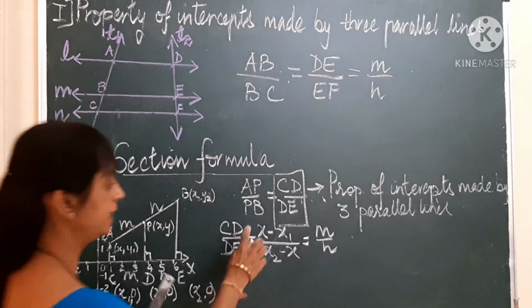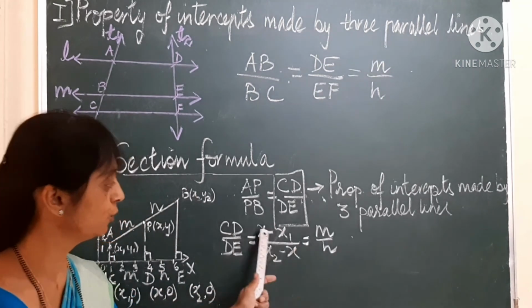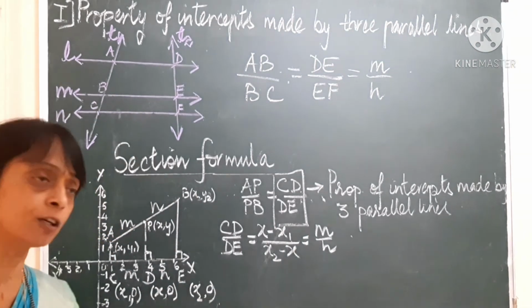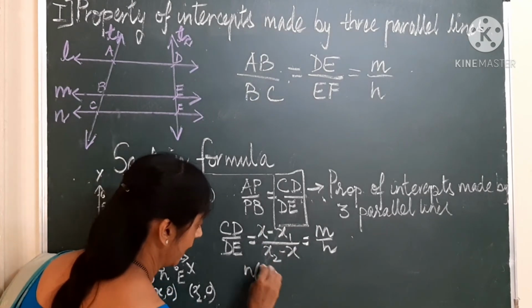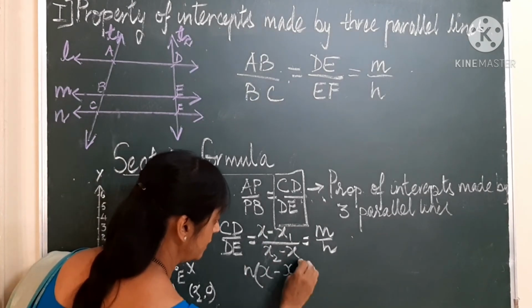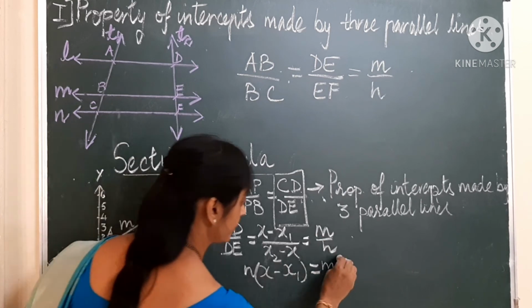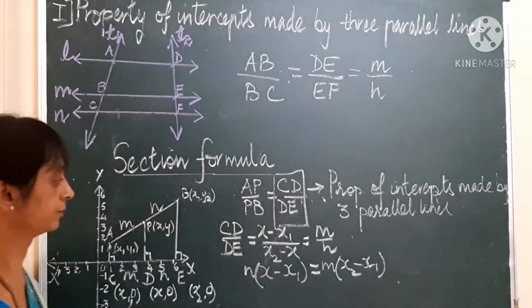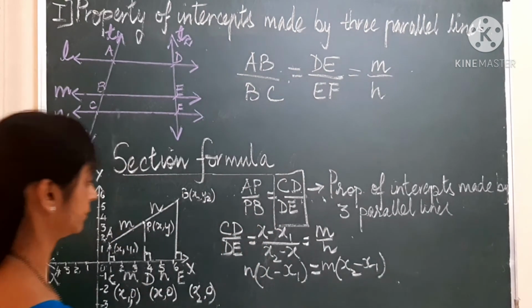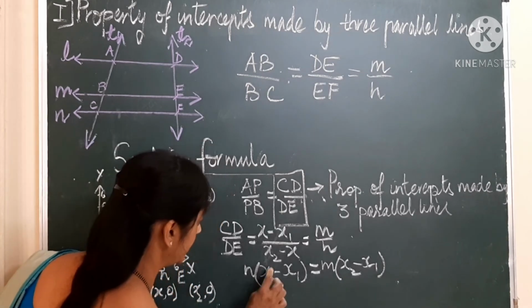So children, now let's concentrate and solve this part. What do we do when we have this? We always cross multiply. So n into x minus x1, which is equal to m into x2 minus x. So children, let's open the bracket.